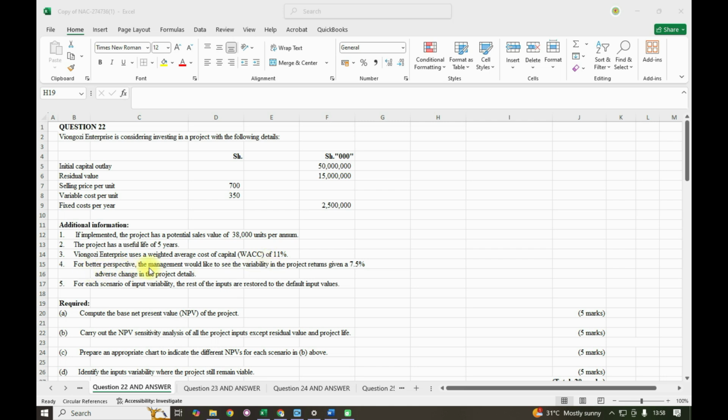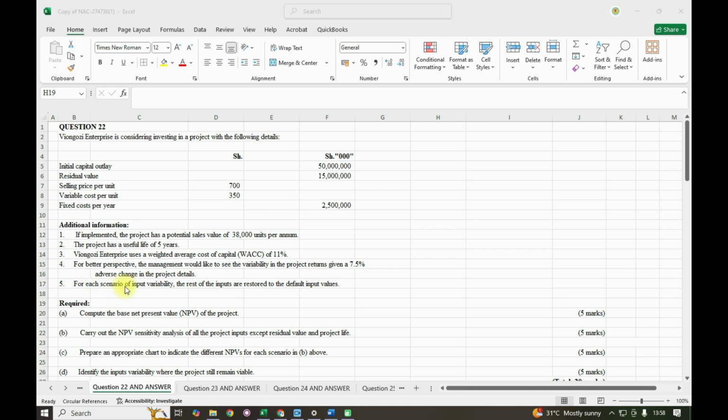For better perspective, the management would like to see the variability of the project return given a 7.5% adverse change in the project details.